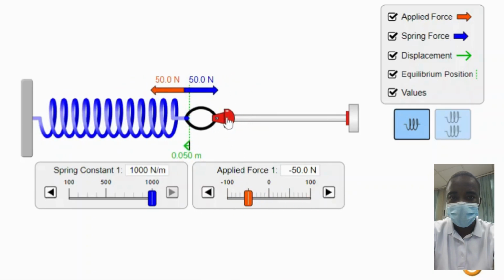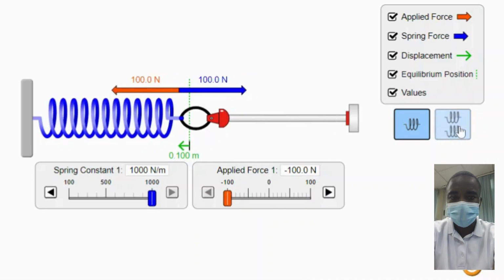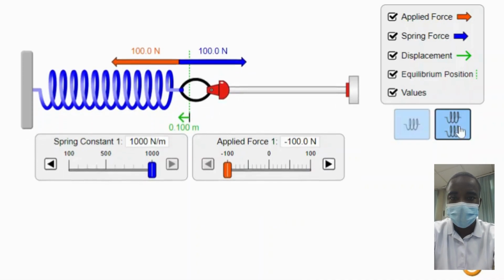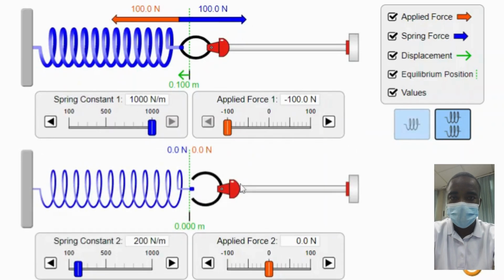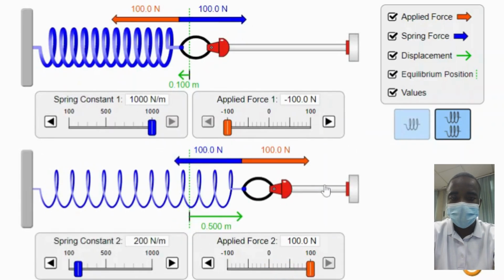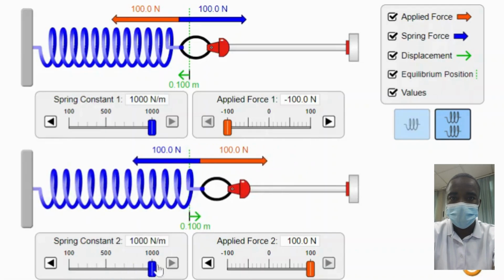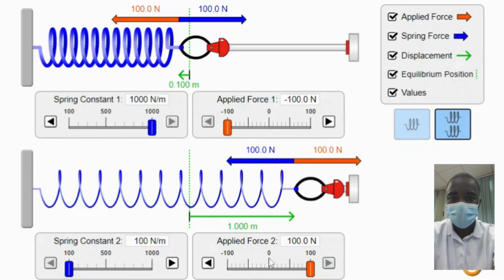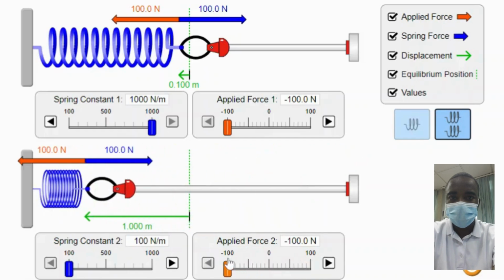Additionally, it enables students to explore how the applied force, displacement, and spring constant affect the potential energy stored in the spring. By providing a visual and hands-on approach, the simulation enhances students' understanding of these crucial concepts in physics.